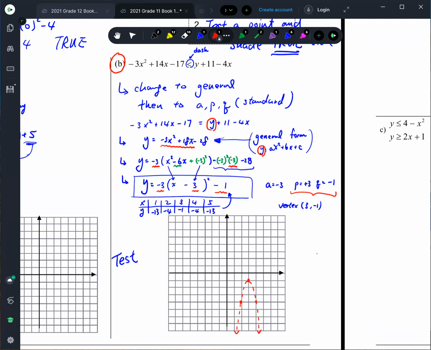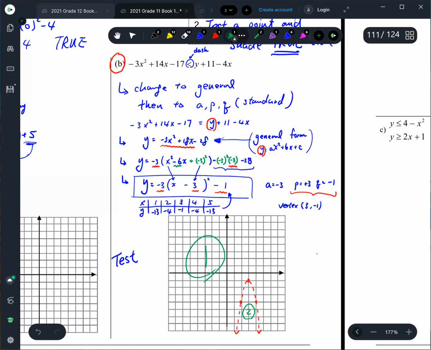Okay, so it divides into 2 regions. One is on the outside, region 1, and region 2 is inside the parabola. You want to see which side is the true side. So test the point, shade the true side.